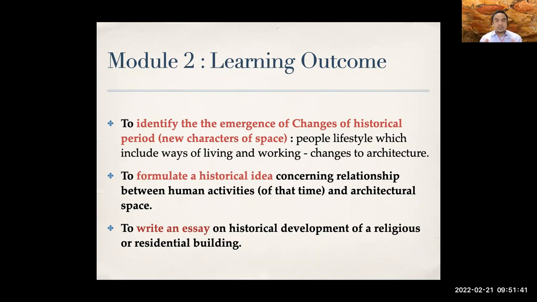In this module, we're going to focus on the human activity, two human activities, to live and to worship, right? And then based on your pattern of data, I want you to formulate a historical idea. How did you see a house and a temple developed along the period?